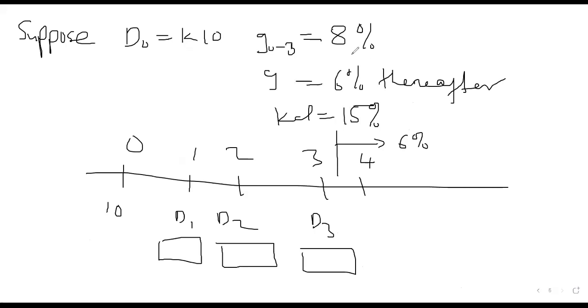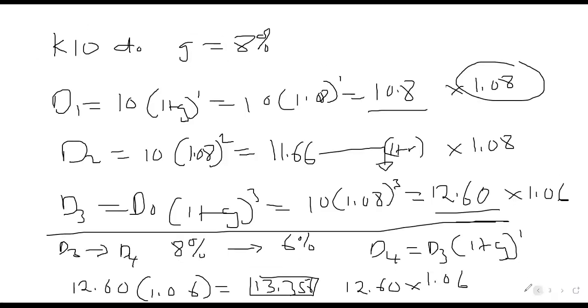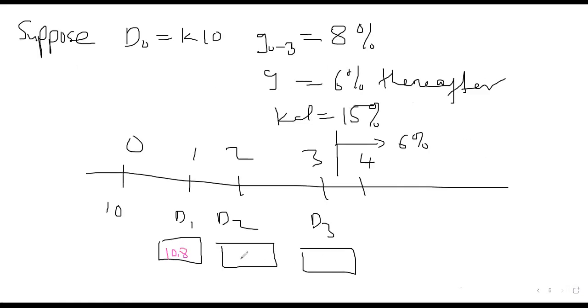So this is where the 10.8 comes from, I don't want to recalculate what I've already done. So here, this is 10.8. And we get D2, we still use the same formula, 1 plus growth to the power 2, and we get 11.66. So here we're going to have 11.66.